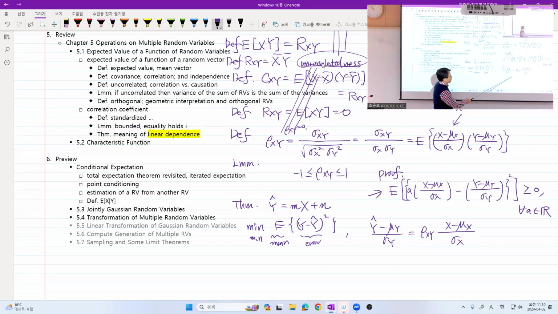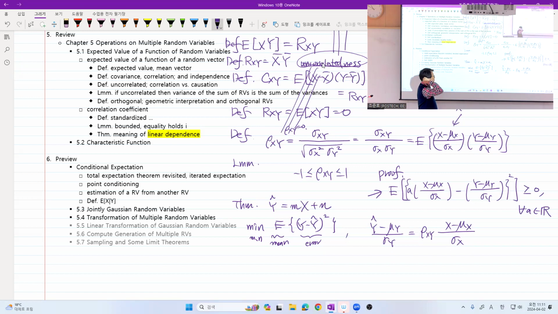So this is the way to remember. Got it? Here, the minimizing a becomes the correlation coefficient. Be careful: here you have Y and X, and here this is Y and Y hat.